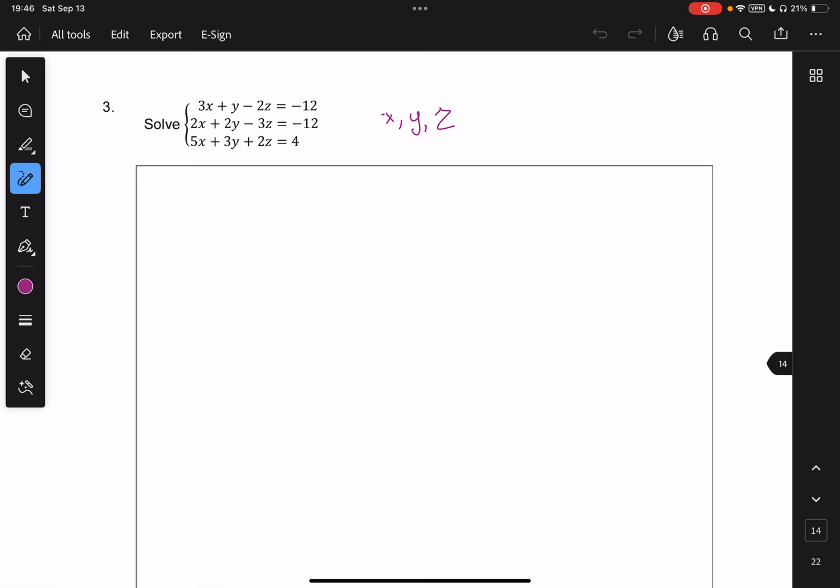So what I like to do to make it a bit easier is we're going to label them. So we're going to label it 1, label it 2, label it 3. So what we're going to do first is we are going to combine 1 and 3, and we are going to eliminate z.